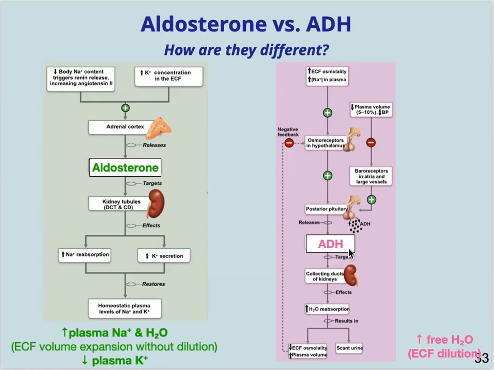Okay, and ADH, once released, acts on the collecting duct of our kidney to result in increased free water reabsorption. I say free because it's not accompanied by sodium. Okay, and that allows for increased plasma volume with dilution, meaning there's a drop in ECF osmolality.